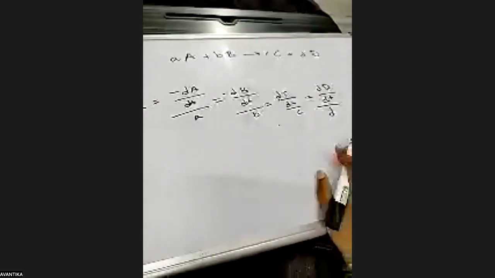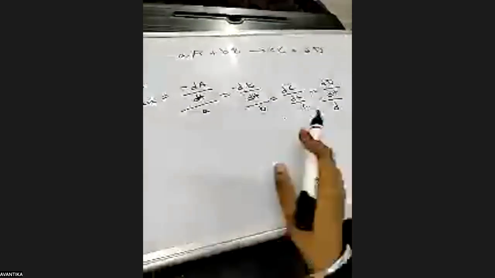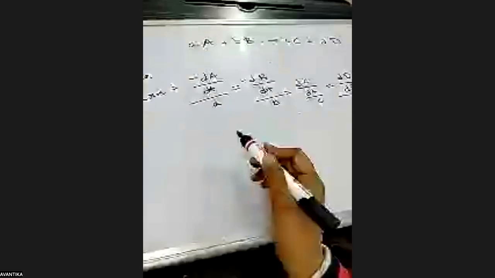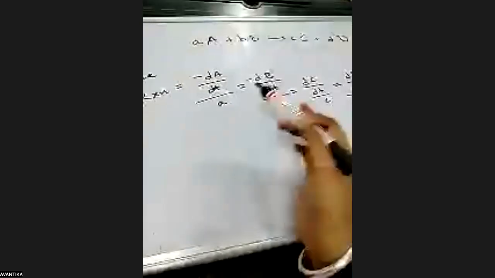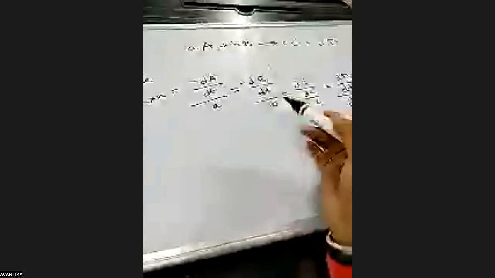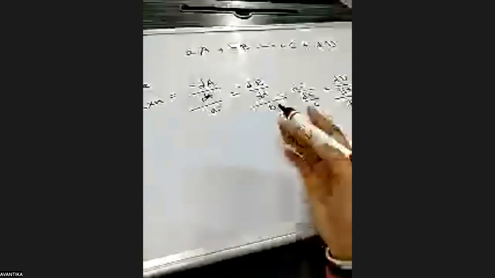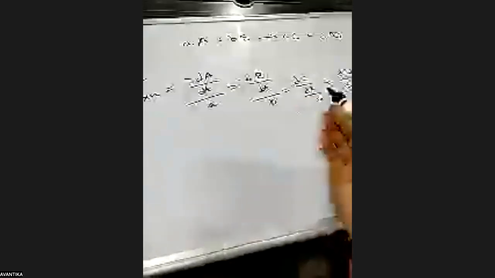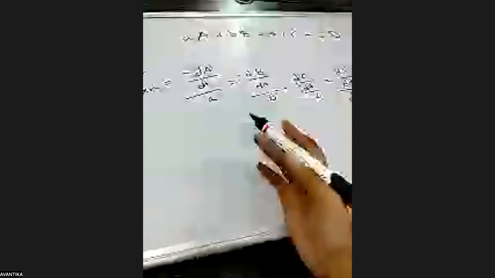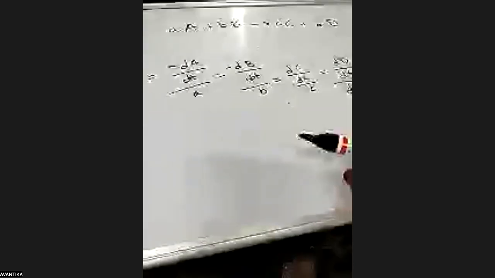This is the rate of a reaction for a complete reaction. Here it depends on the stoichiometric coefficients present, but if we have to find only the rate of appearance or disappearance of products and reactants, then they will not depend on the stoichiometric coefficients in the given reaction, or we can say they will not depend on the balancing of the reaction.